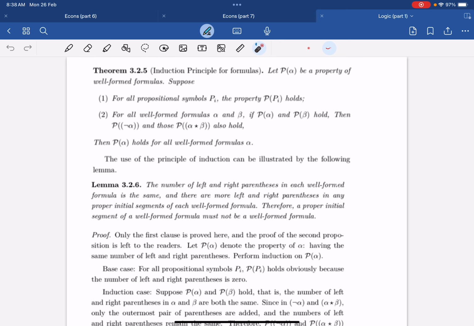The induction principle for formulas states that if P(alpha) is a property of the well-formed formulas, and we are able to show that the propositional symbols all hold, and that if two well-formed formulas have the property, then any negation or any connective using them will also hold, then this property holds for all the well-formed formulas alpha.